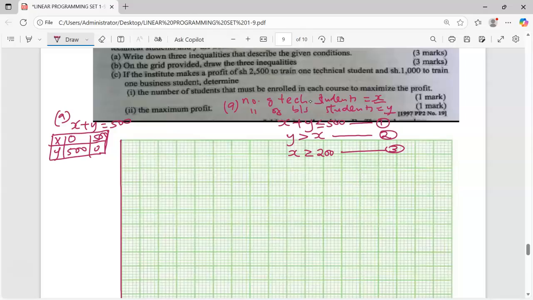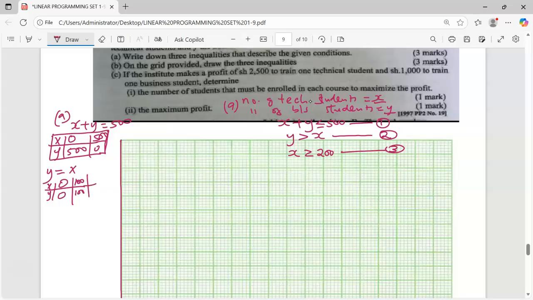Next, we are going to take Y is greater than X. That means Y is equal to X at this point, and therefore making the table of X and Y. Assuming the value of X is 0, then the value of Y is going to be automatically 0. If X is going to be 100, then the value of Y will be 100.